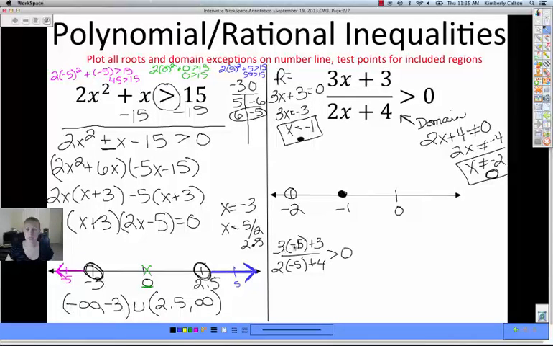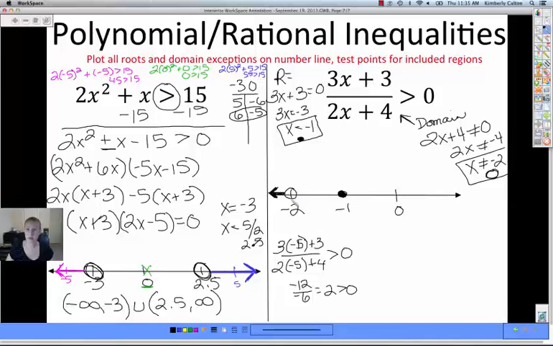So we have negative 15 plus 3 is negative 12. We have negative 10 plus 4, which is negative 6. Well, that happens to be positive 2, and 2 is greater than 0. So we know that everything to the left of negative 2 should be included.